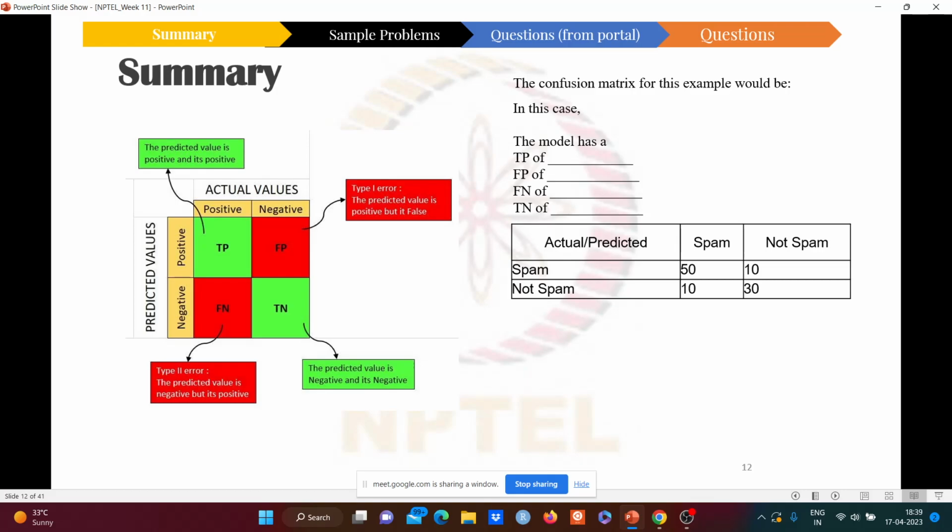The number of instances that were predicted negative by the model but were actually positive in reality. Next is true negatives, the number of instances that were correctly predicted as negative by the model. Here I have shown the confusion matrix, which is a 2 by 2 matrix. Here the rows represent actual and the columns represent the predicted ones, or it could be either way.